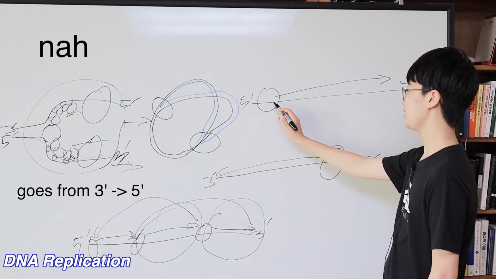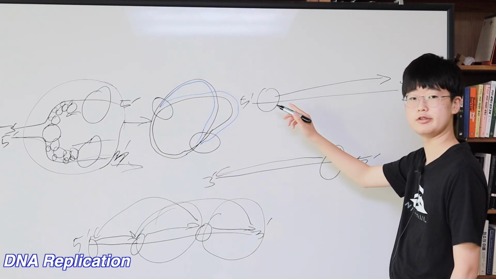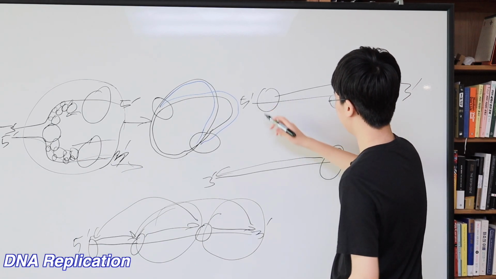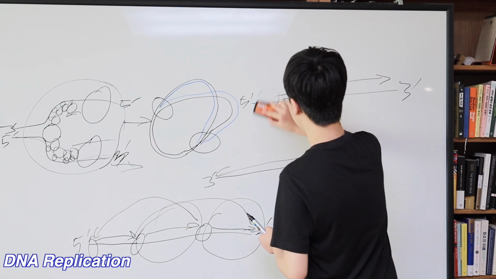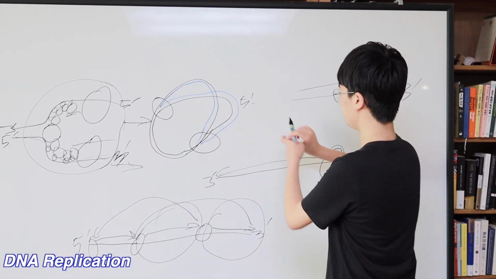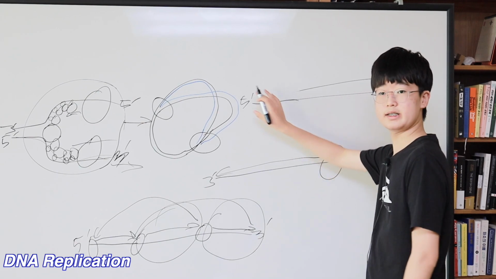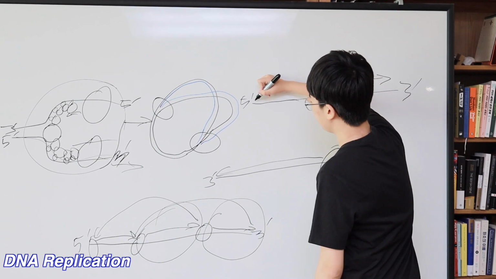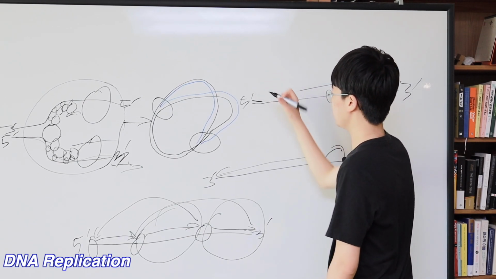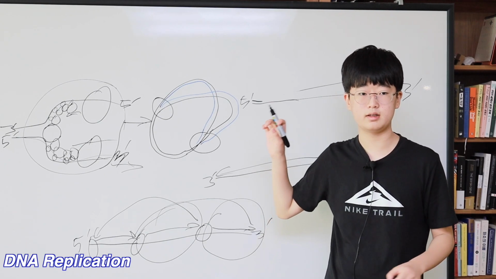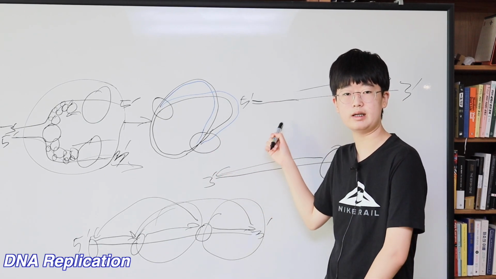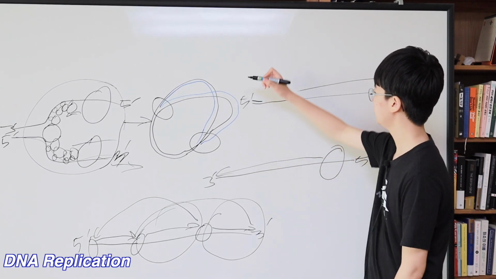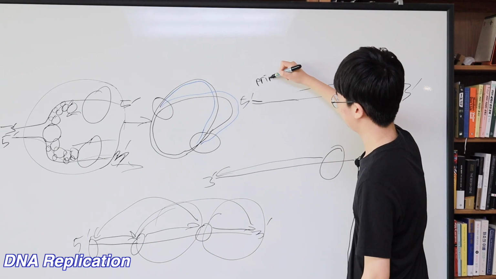The DNA polymerase has to do its job, but it cannot start the job on its own. So if there is nothing on the DNA, it cannot do its job. But if there is a short sequence of RNA this time, not DNA, RNA, called a primer, I'll write it here, primer.